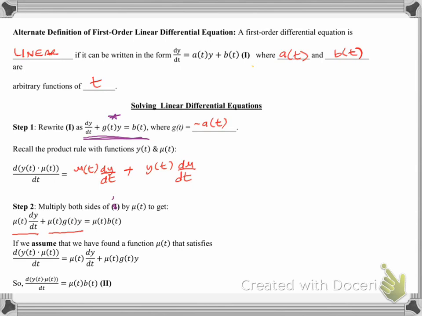Multiply both sides of star by mu of t to get mu of t times dy over dt plus mu of t times g of t times y equals mu of t times b of t. So that's pretty straightforward.